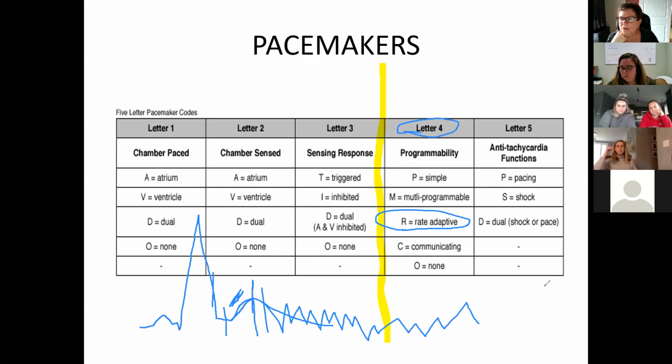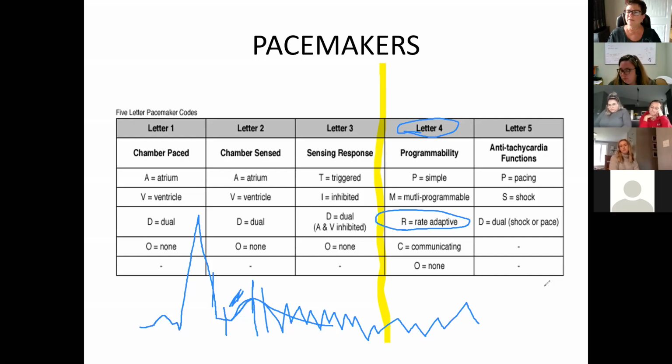And if Grampy's going to sit there on the front porch in a chair, then he probably only needs a VVI device or a DDD device, but he doesn't need a rate responsive or a rate adaptive pacemaker, because the most activity he's going to get is go walk into the fridge, or he's mad because somebody put the remote in another room.